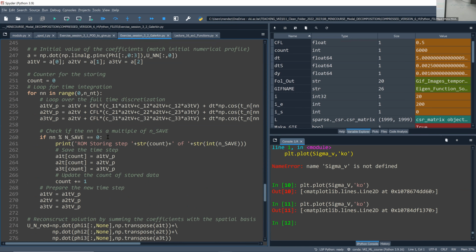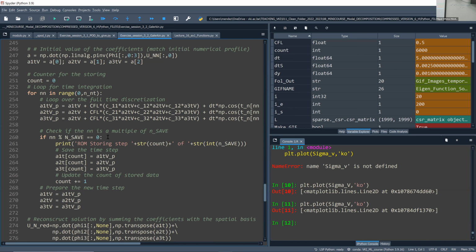So you have again the usual loop, where you have the usual store every 50. And that produces now the evolution of all the coefficients. And when you have this, you can remount back the solution using the phi's that you had before.